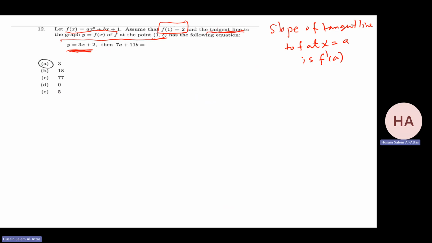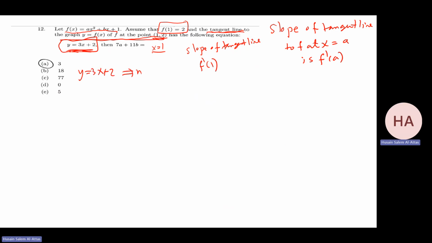So that means what? I know that the tangent line to the graph at this point was at x equal 1. So I know that the slope of the tangent line at this point is f prime at 1. But I know the line. This is the line, y equal 3x plus 2.